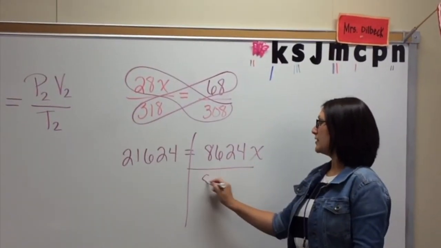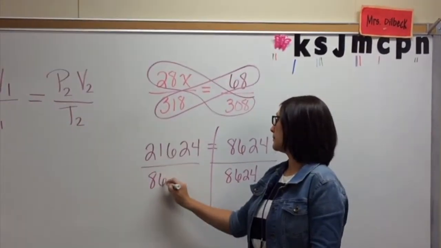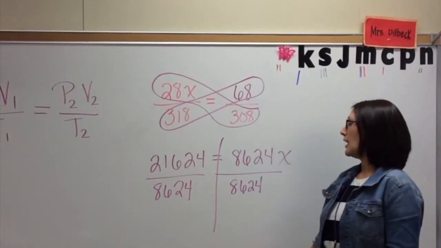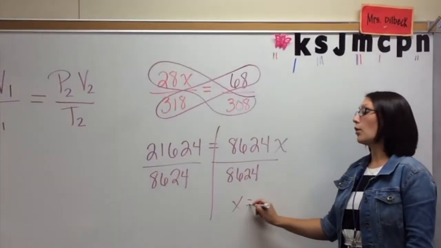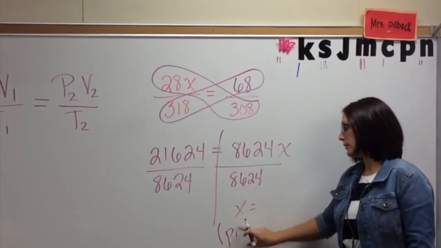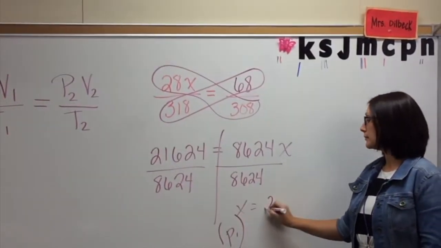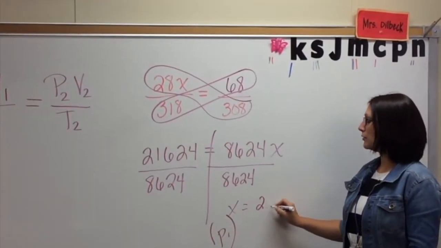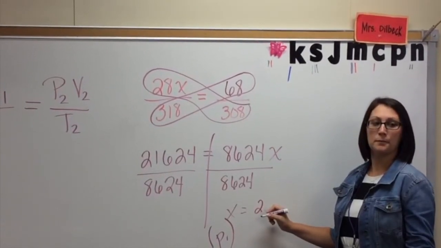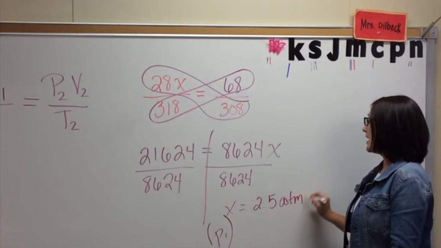Divide both sides by 8624. And you're missing your initial pressure. Pressure is what? 2.507. Oh my gosh, 10th place. Give me 10th place. 2.5. 2.5 atm. Boom.